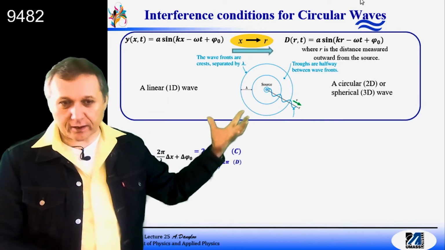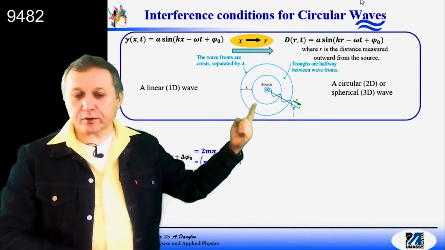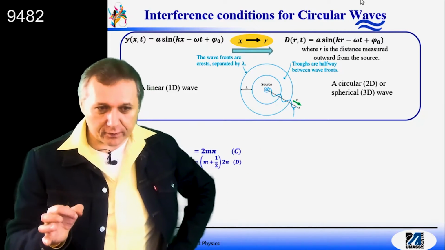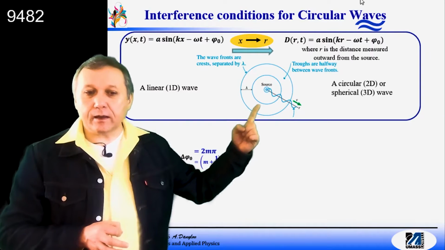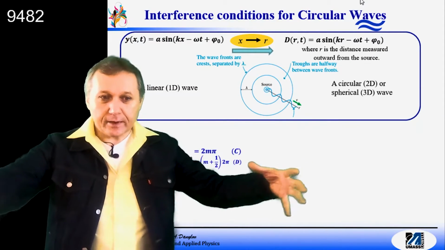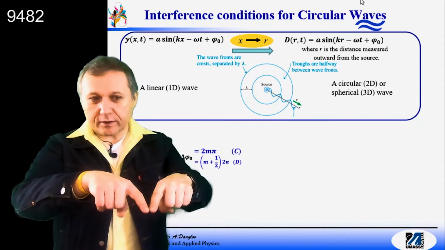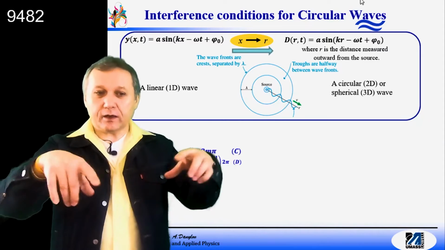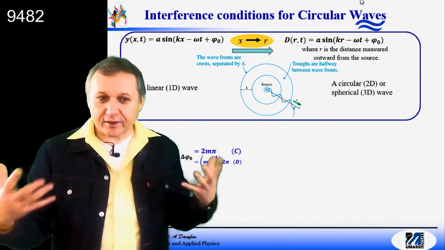Again, we discussed that in our recitation class. And these circles, we call them wave fronts. It is a collection of crests. You can easily imagine when ripples get spread. You can see circles which are created by crests, and also there are circles created by troughs.